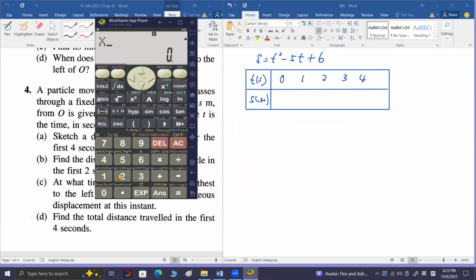t squared minus 5t plus 6. Same, when you go calculation 0 equal, there you get 6. So keep doing the same thing. 6.